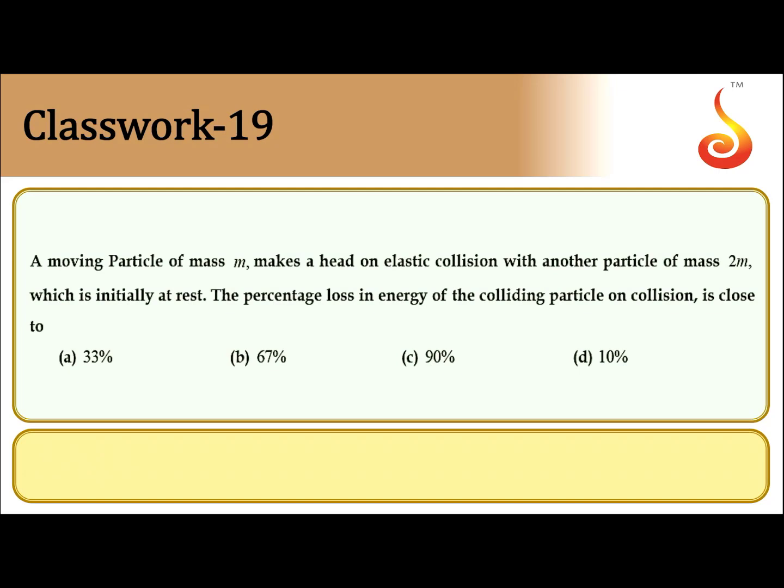19. A moving particle of mass m makes a head-on collision with another particle of mass 2m, which is initially at rest. The percentage loss in energy of the colliding particle on collision is close to. Here he is referring to the kinetic energy, of course. And we can directly use the formula.